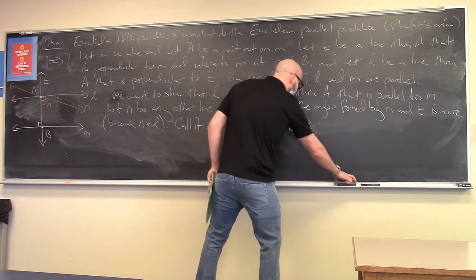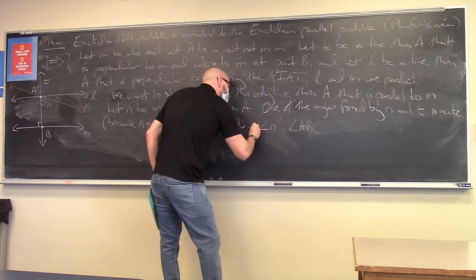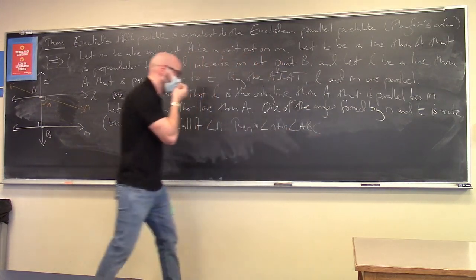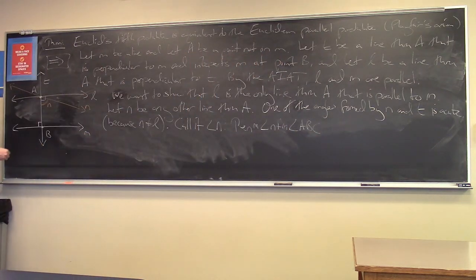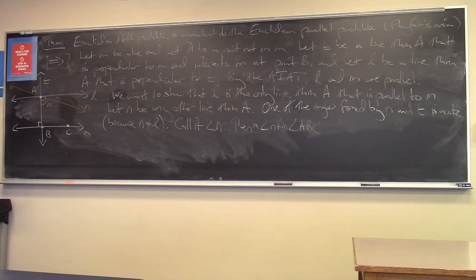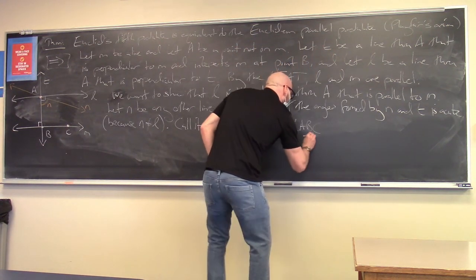I actually need to measure. Let me not be lazy with my notation. Measure of angle N plus measure of angle ABC. What is ABC? So C is going to be some point on line M that's on the same side as this acute angle. Again, writing down the details would be annoying stuff about this is on the same side as this thing. So I will once again just say, see the figure.